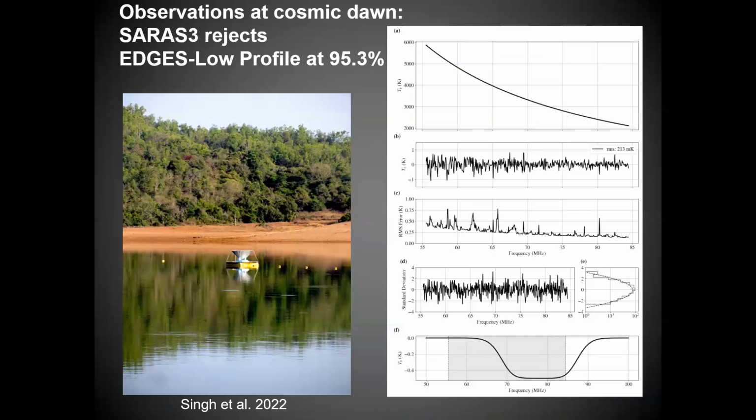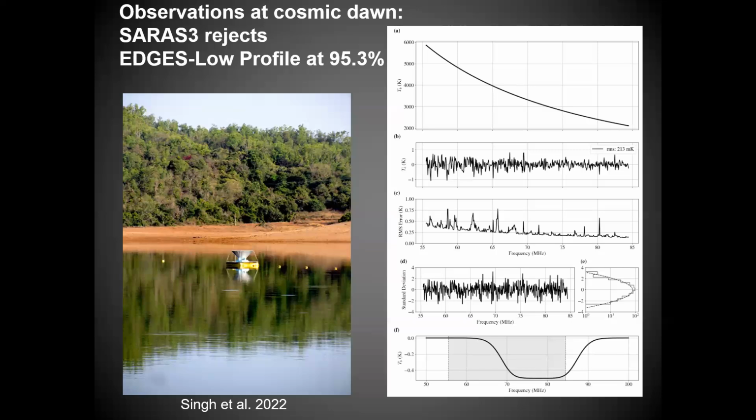So actually this tiny SARAS antenna tried to confirm or reject the signal, and made an observation in nearly the same frequency range. So it doesn't correspond completely. This is the EDGES signal, and the gray band is the band in which SARAS took data. So it's not completely the same, but they don't see the signal.